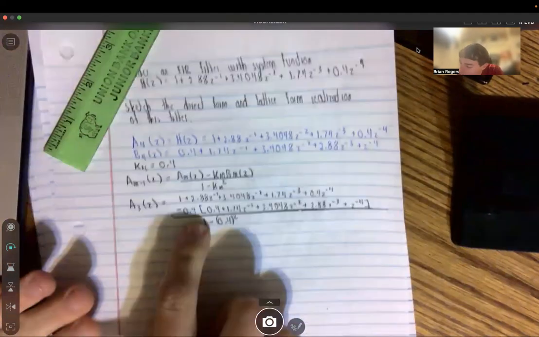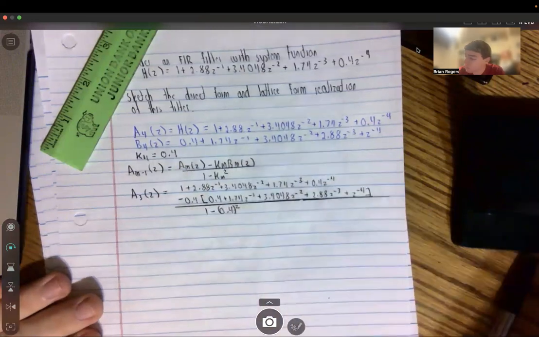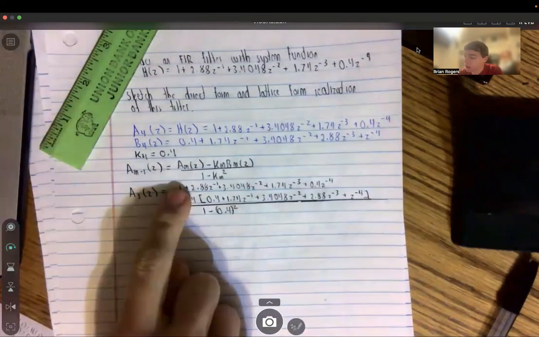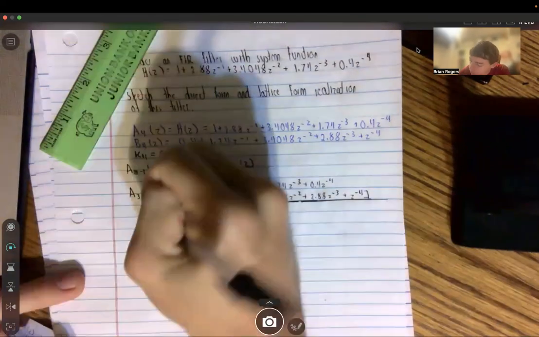So what we're going to see here is 1 minus... and then what we're going to get for these. I notice there's a constant here, so 1 minus 0.4 times 0.4. That'd be 0.84 for my constant term.